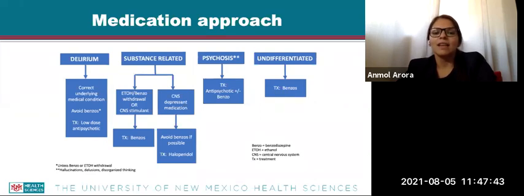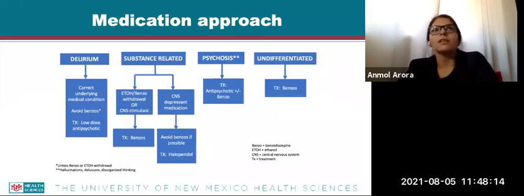They can help people get their agitation under control, which may be due to underlying substance intoxication, or underlying untreated psychiatric illness, or even their use of alcohol. So we have to differentiate between those.